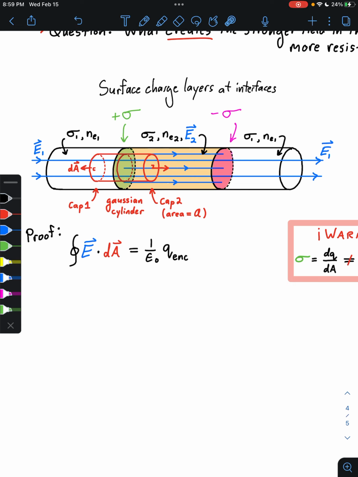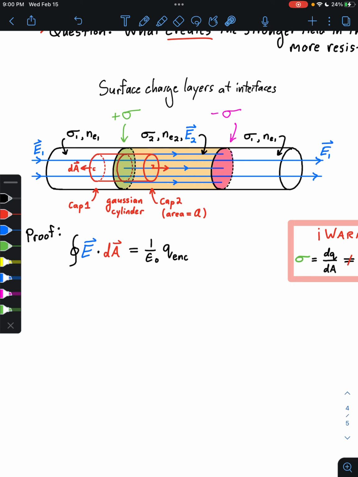So let's just verify that such an arrangement would produce the field we want. This layer of excess positive charge here would generate field to the right inside the resistive region. This layer of excess negative charge here would also generate field to the right inside that region. And outside that region, say over here, this layer of excess positive charge would be producing field to the right, and this layer of excess negative charge would be producing field to the left.